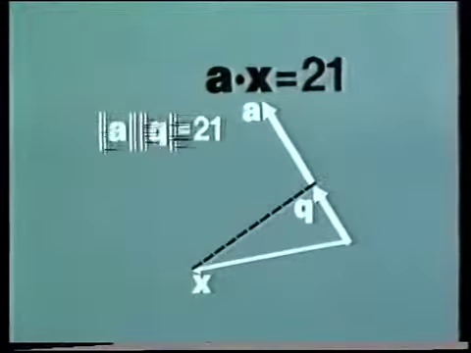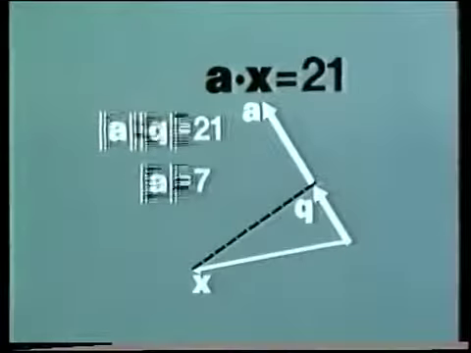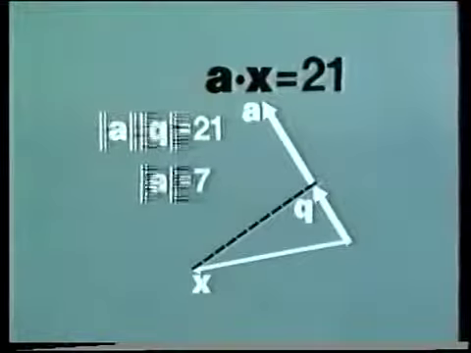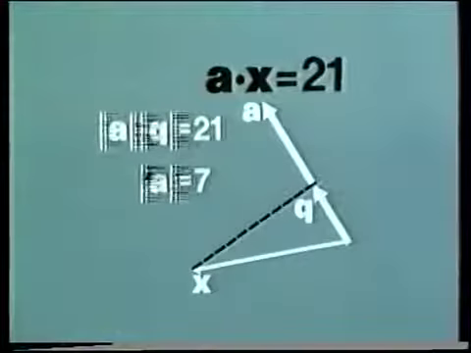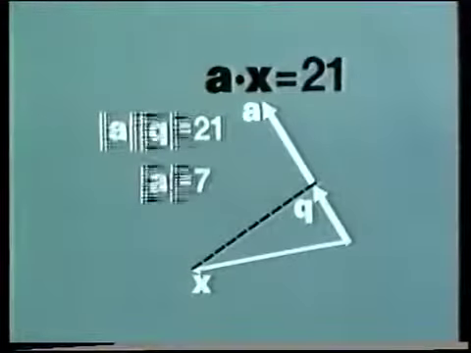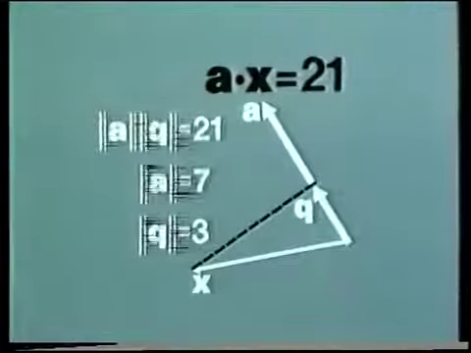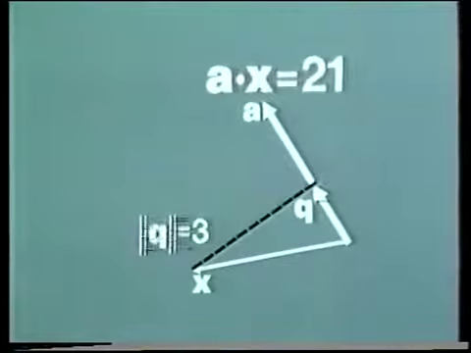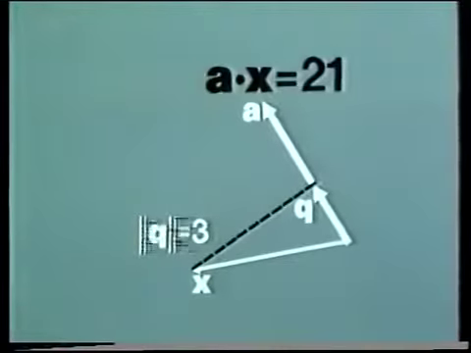And actually, the length of a turns out to be 7. You can check that for yourself. We just know it from its coordinates. And that means that the length of q must be 3. So any vector x which satisfies the equation a dot x equals 21 must have a projection onto a of length 3.